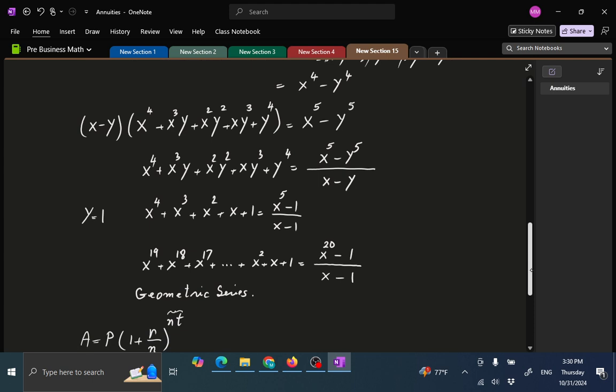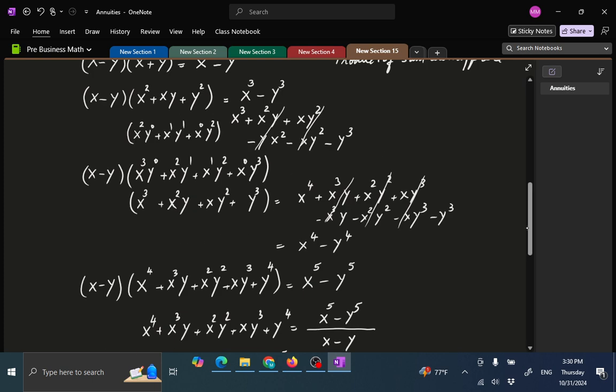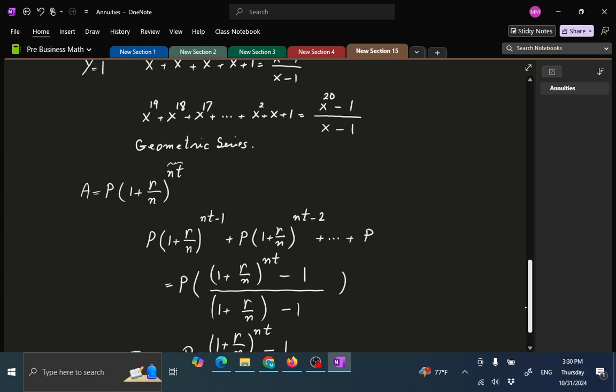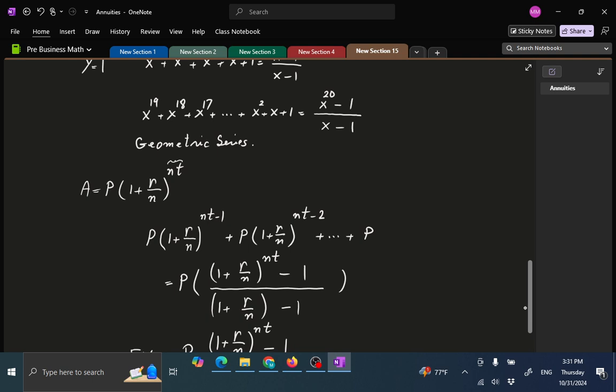In the problem that we had started with, the highest exponent was 19. That would be 20 total periods minus 1. And then the same shortcut applies: increase the exponent by 1 and divide by x minus 1.